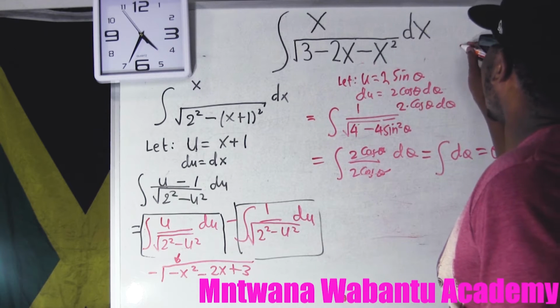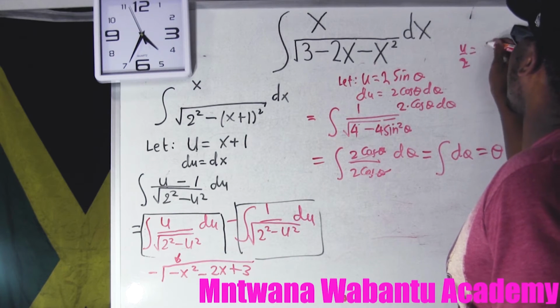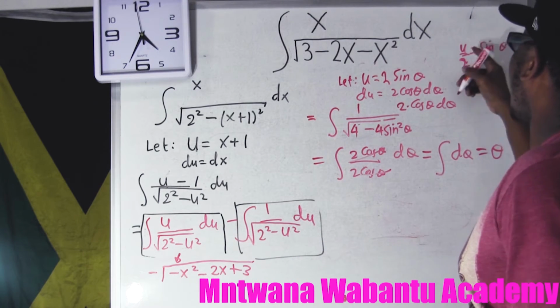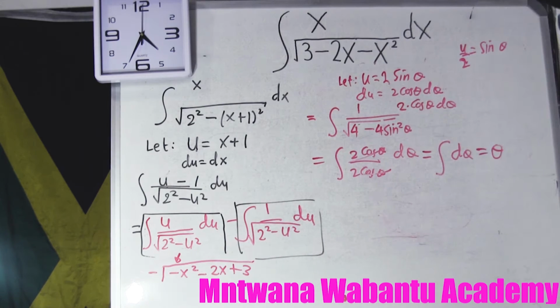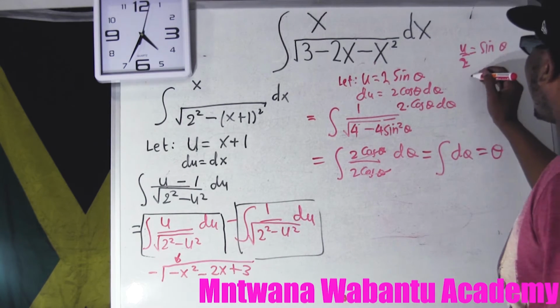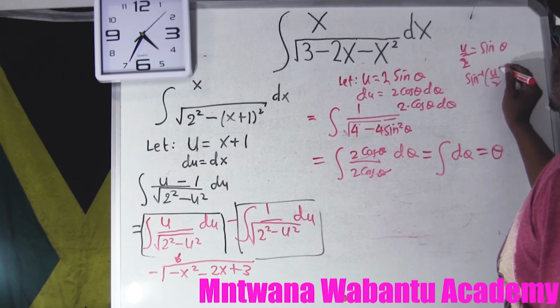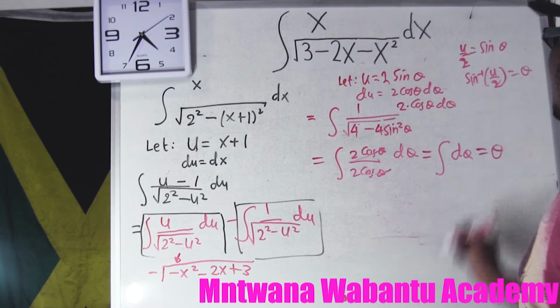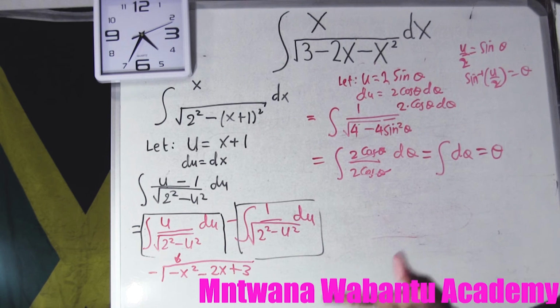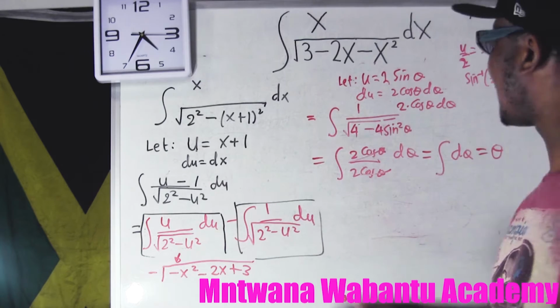Divide by 2, and u over 2 equals sine theta. But we want theta. So sine inverse, or arc sine, of u over 2 equals theta. When you say sine inverse, arc sine is the same thing. But what is u? u equals x plus 1.